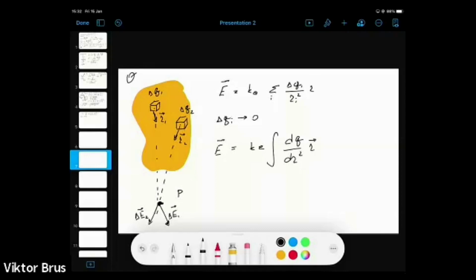So here we also have this unit vector. And this is the way we define the electric field created by some charged volume.